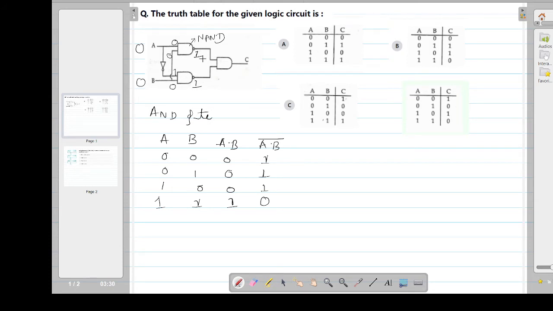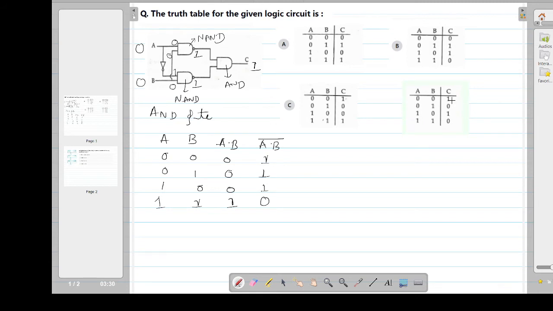So when we supply 1 and 1 to the AND gate, this is an AND gate, and this is also a NAND gate. There are two NAND gates and one AND gate. So when 1 comma 1 is supplied, the output will be 1. Among these four options, for 0 0, we are getting output 1. So C is the output here.